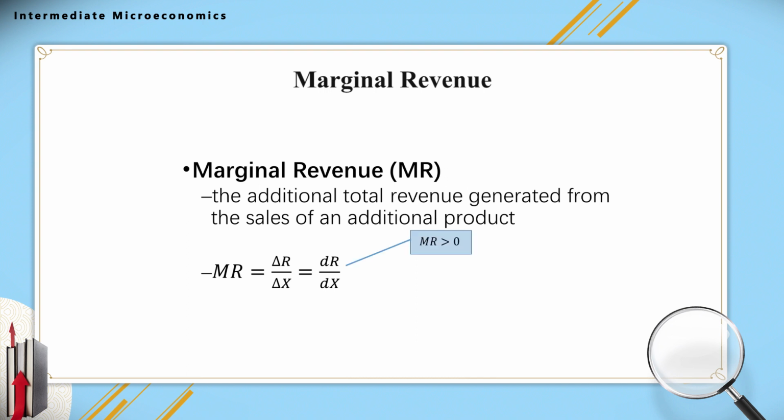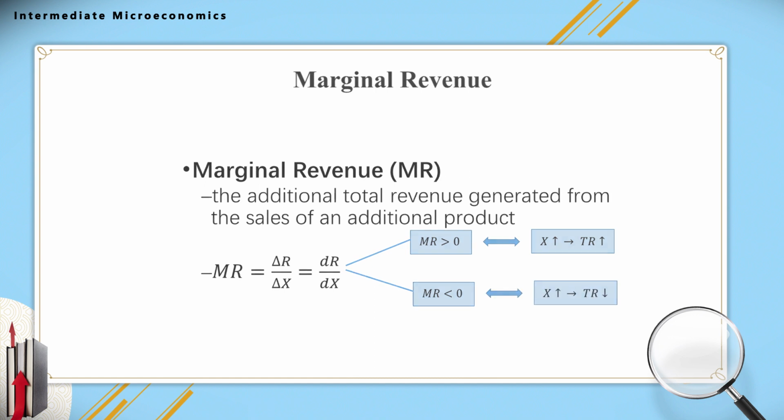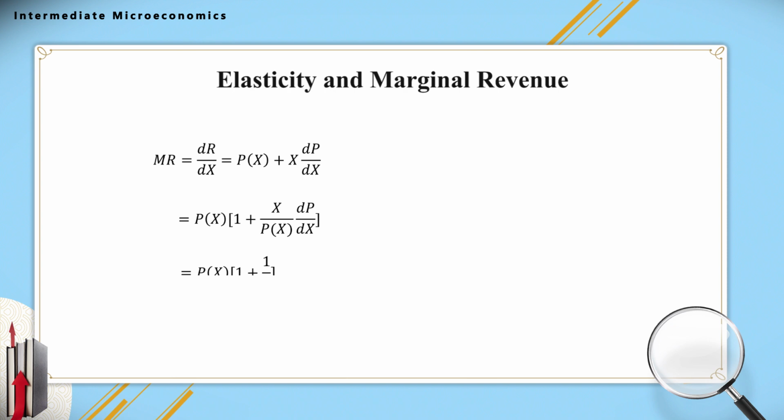If MR is positive, selling more product will increase the total revenue. Oppositely, if marginal revenue is negative, selling more product will decrease the total revenue. Now we calculate the marginal revenue by calculating the derivative of total revenue with respect to the quantity demanded. The result shows marginal revenue also depends on the price elasticity of demand.